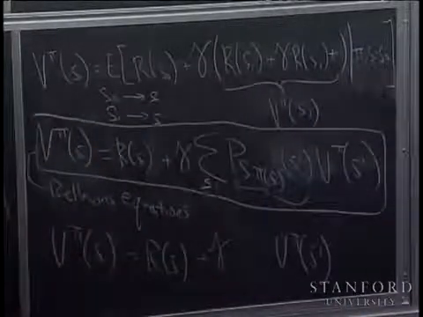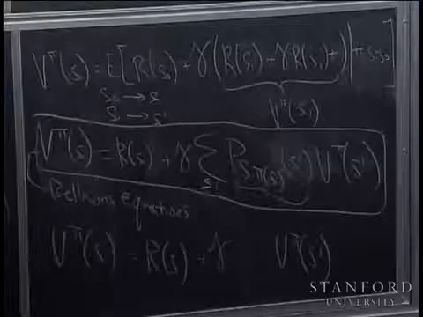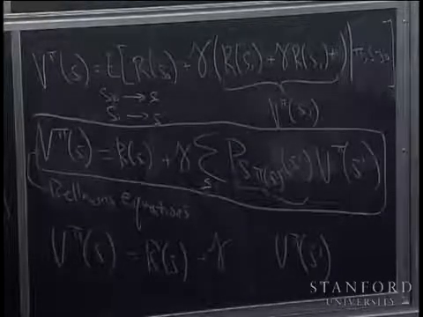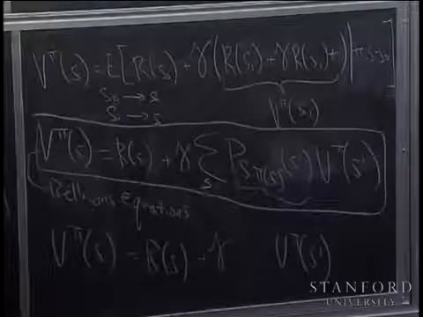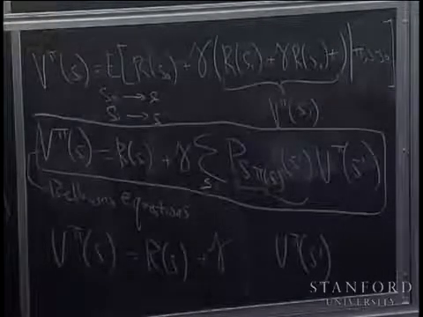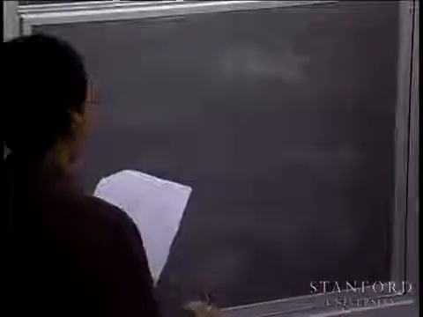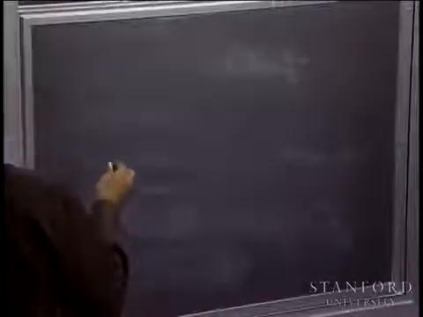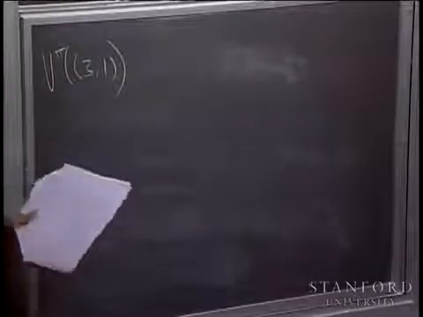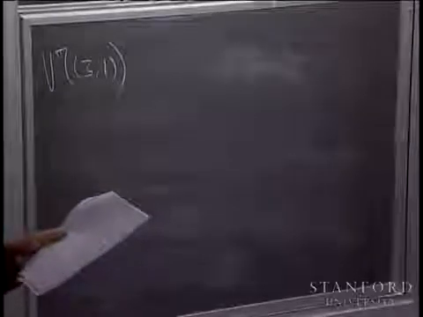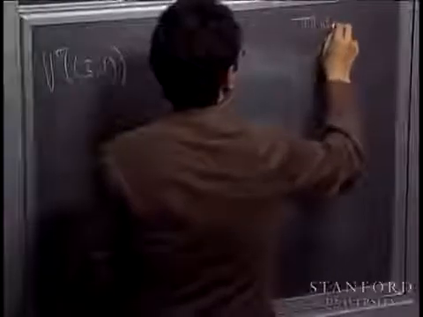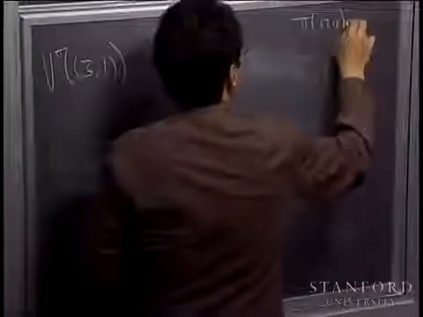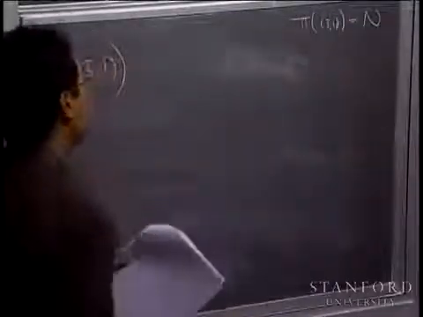Let me now make this concrete. Let me take the (3,1) state, that state we're using as an example. Bellman's equations tells me the value for pi for the (3,1) state, and let's say I have a specific policy so that pi of (3,1) takes a north action, which is not the optimal action.